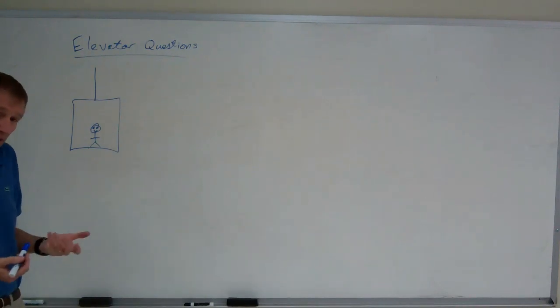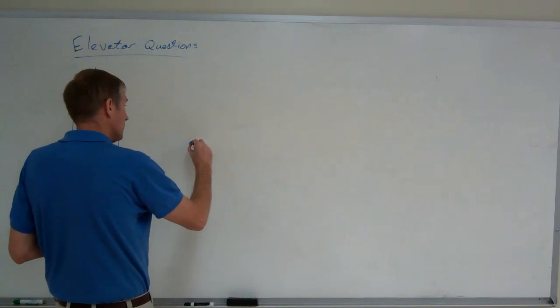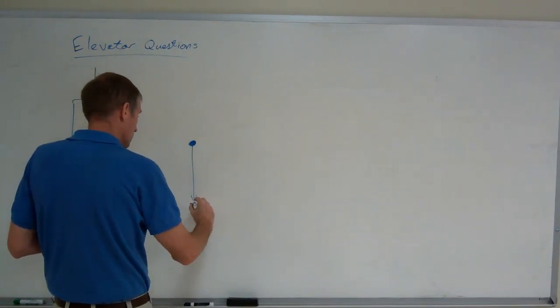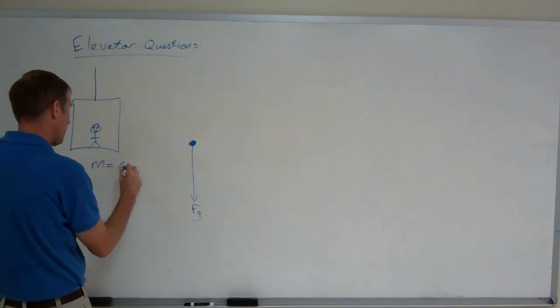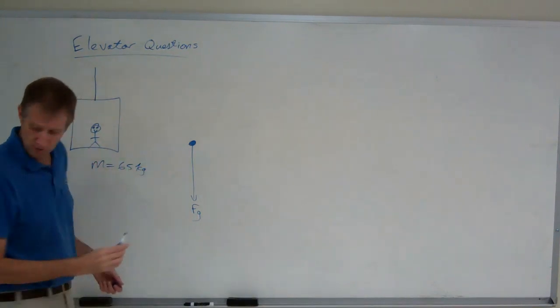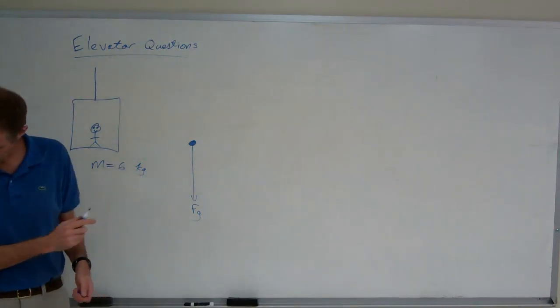When you get on, the elevator is at rest. And when the elevator is at rest, your weight, let's say that you have a mass of 60 kilograms, that's the number I think I used.